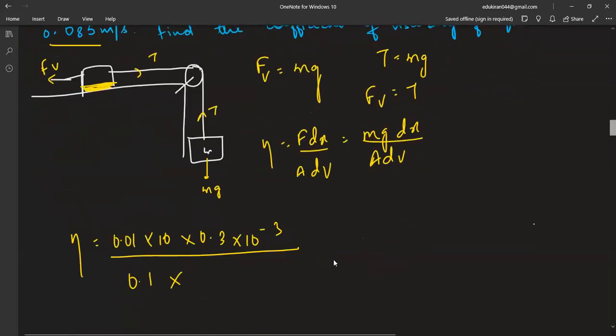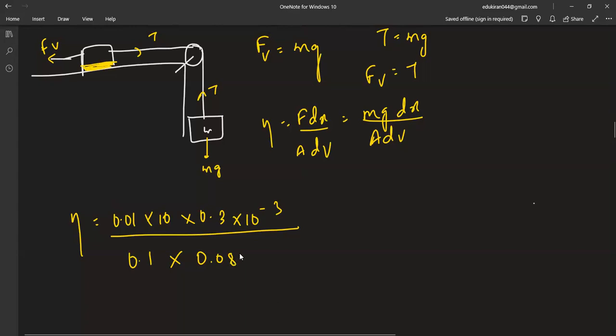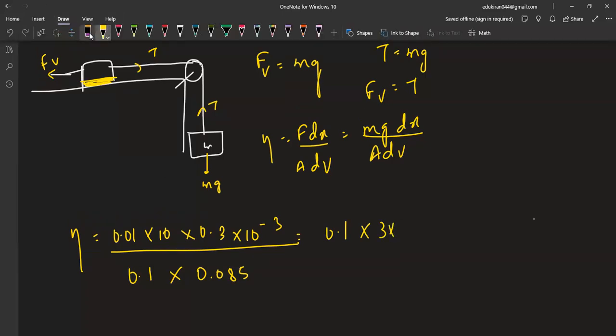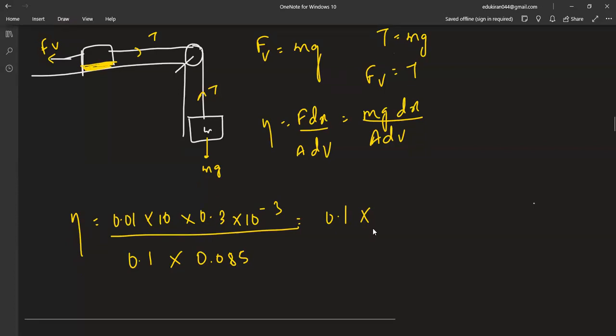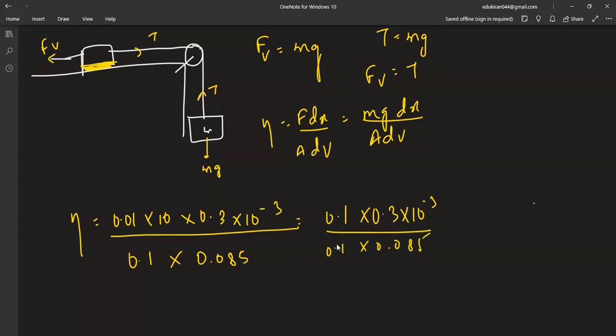Velocity is 0.085. Fine. So this you can solve. So around 3.35 into 10 to the power minus 3 decapoise should be the answer.